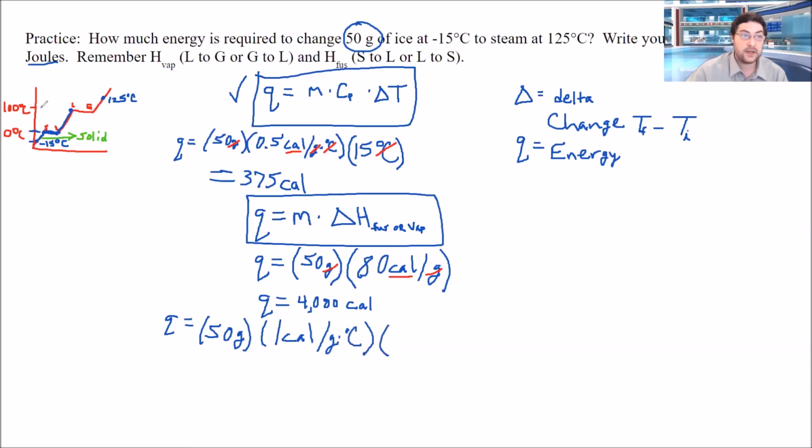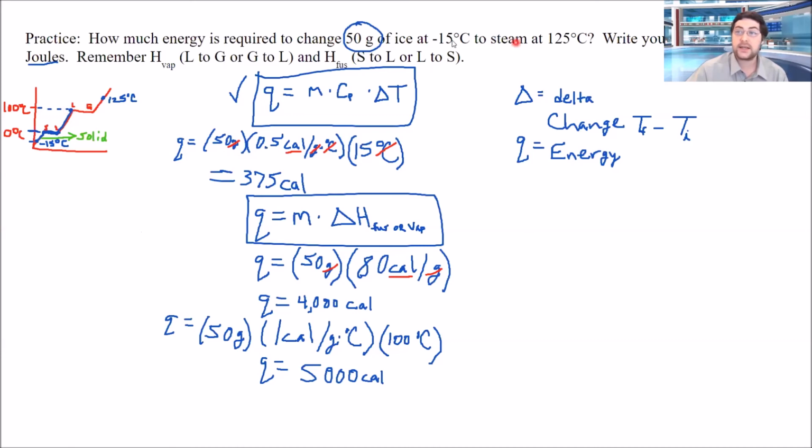So that's going to be the final temperature, which is 100, minus the initial temperature, 0. So we have a change of 100 degrees Celsius. So that's going to be 50 times 100. So here we'll say Q equals 5,000 calories.